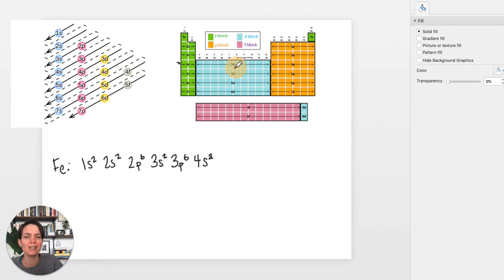And so what we end up seeing is the 4s orbital is at a lower energy than the 3d orbital. And so it gets filled first, and it kind of shields those d orbitals. So 4s2 is going to be filled first, and then my 3d orbital is going to be filled. And I'll have 3d, 1, 2, 3, 4, 5, 6, because iron is 1, 2, 3, 4, 5, 6, right there.